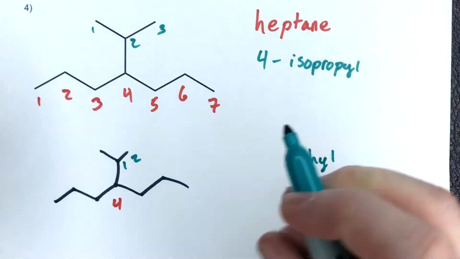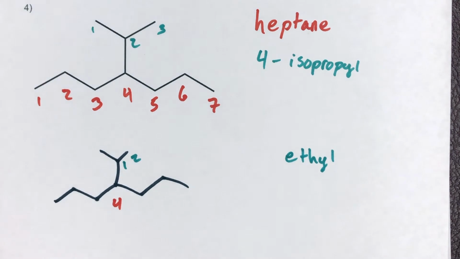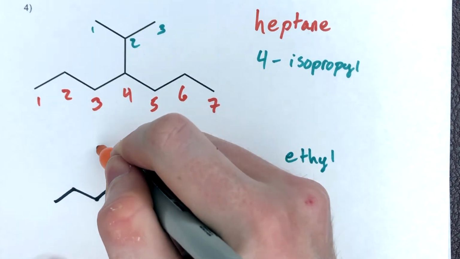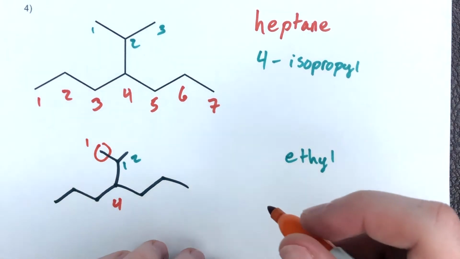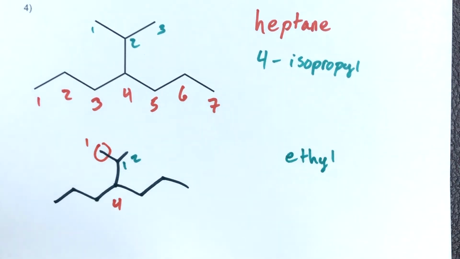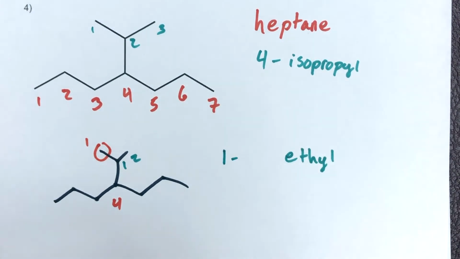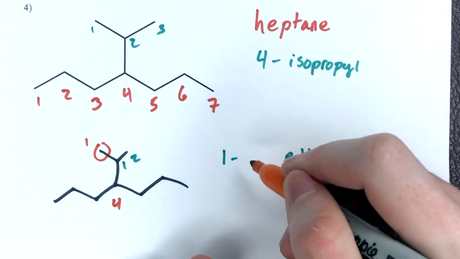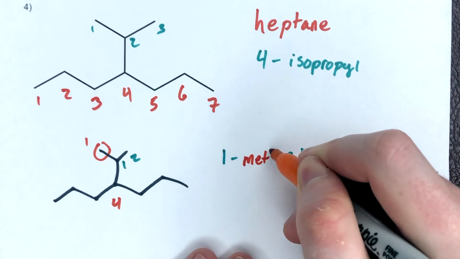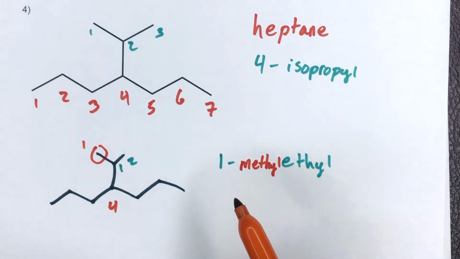Then at the 1 position in that ethyl group, there is a methyl. So that's this part. This is a 1-carbon branch within the branch. So it's at 1 in the chain of the branch. So here it's 1 in blue because it's referring to this one of the ethyl group, and then methyl because it's a branch within the branch of the ethyl, right?